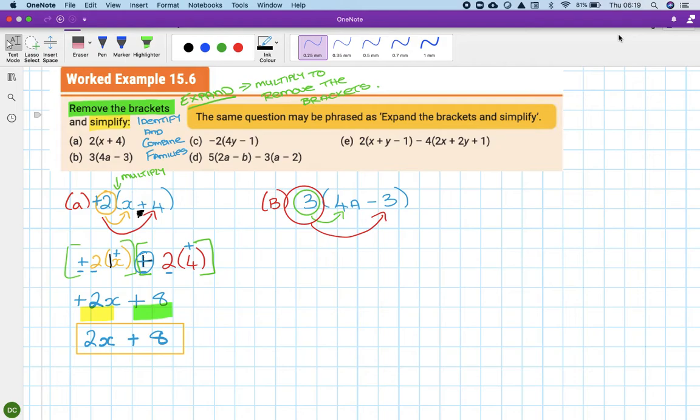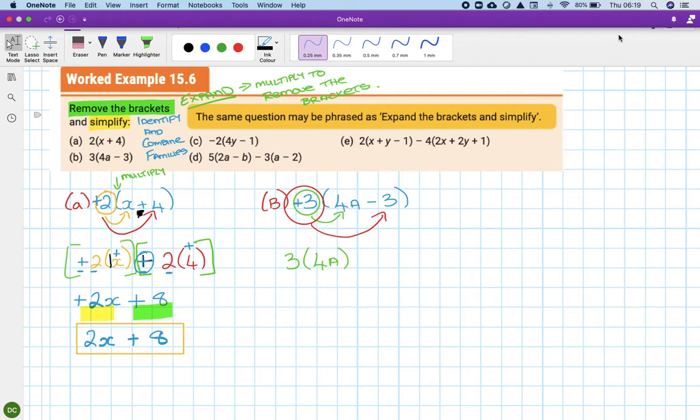So that's 3 bracket 4a. 3 multiplied by 4a, that's the first multiplication. Okay, now the sign on this 3, given there's no sign, means it has to be a plus.